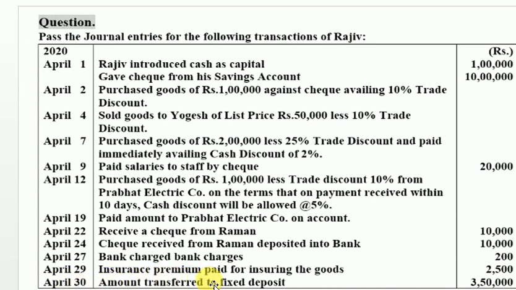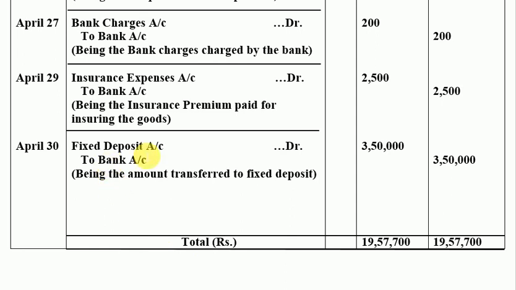Now let's proceed towards another transaction, that is amount transferred to fixed deposit, that is 3,50,000. So the entry will be fixed deposit account debit to bank account. That means from the normal business bank account we are transferring that amount of 3,50,000 into the fixed deposit account. Got it?